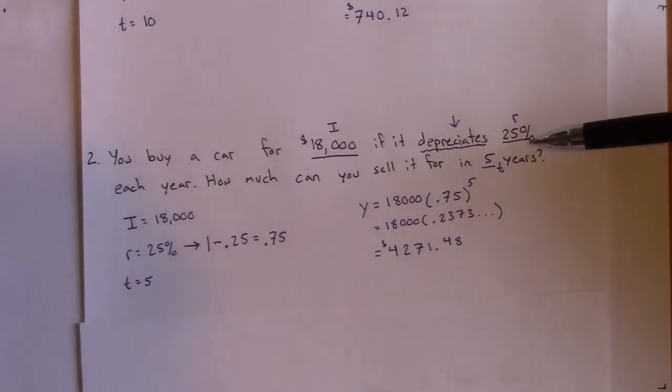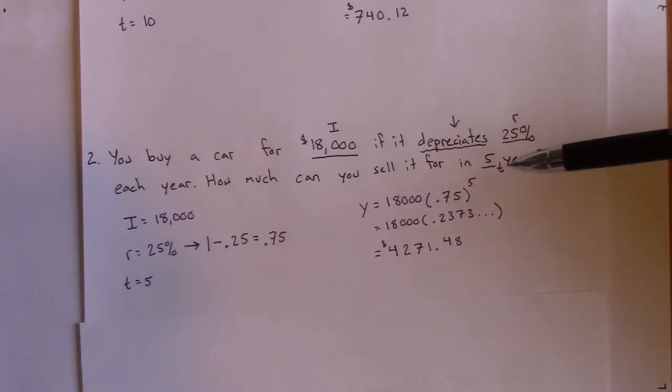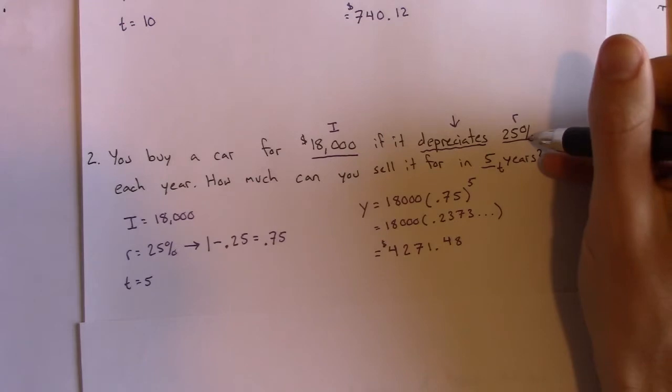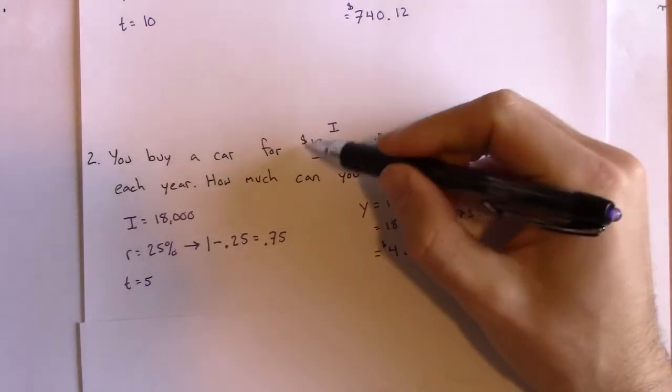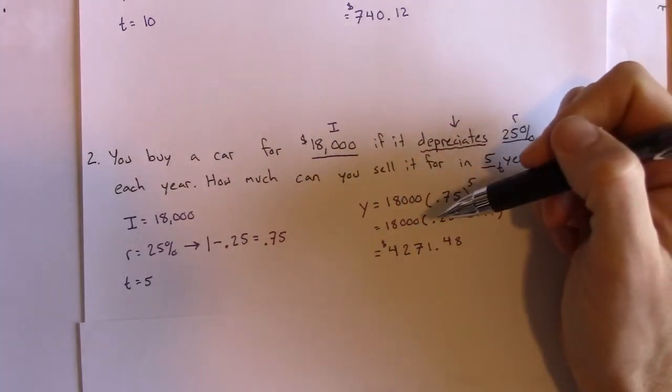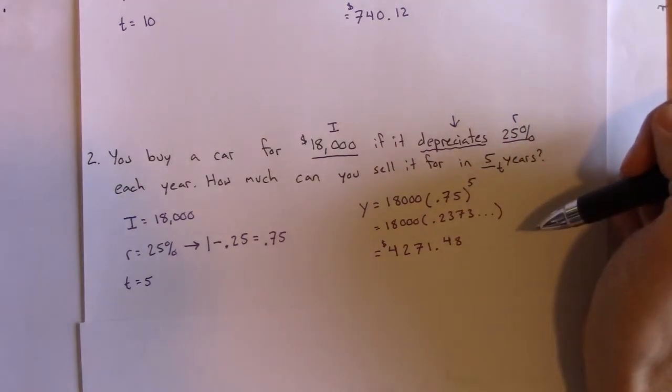Now, I do want to point out this. You may be saying, well, 25%, that's about a fourth. So if I lose a fourth each year, shouldn't I already be at 0 in 5 years? And it's easy to think about it that way, but here's what you need to keep in mind. When I apply 25% the first time, I'm taking away 25% of 18,000. And then I have some price.